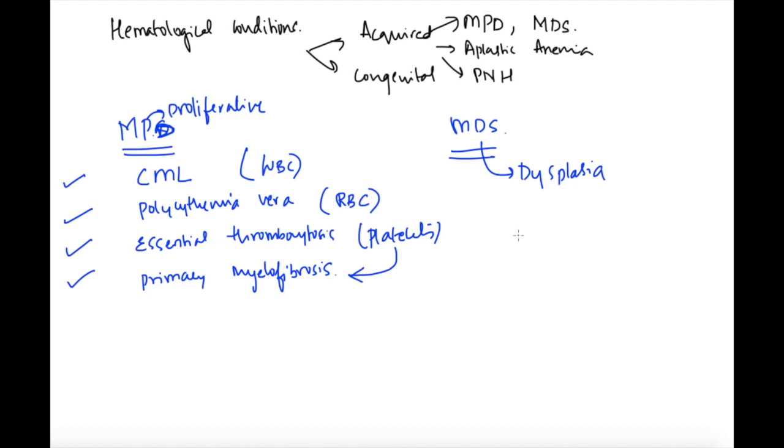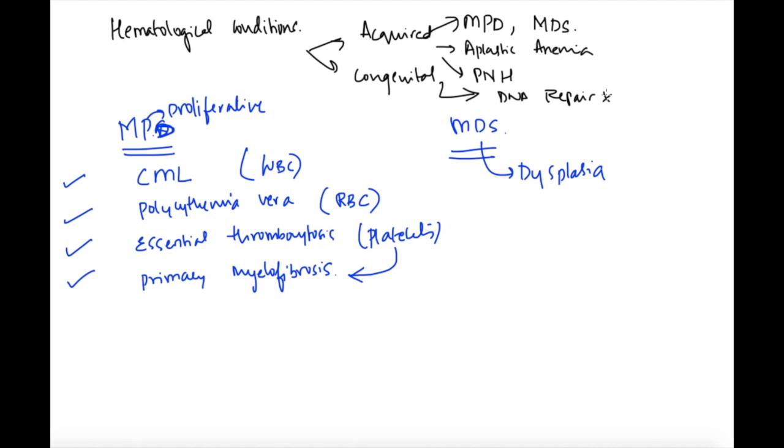So inherited, some conditions that you should not forget would include the impaired DNA repair syndromes. So again, we have a set of 4 syndromes. Those include ataxia telangiectasia, Bloom syndrome, xeroderma pigmentosum, and Fanconi's anemia.